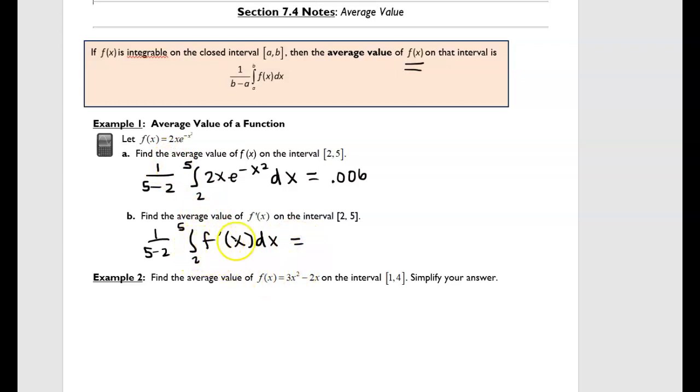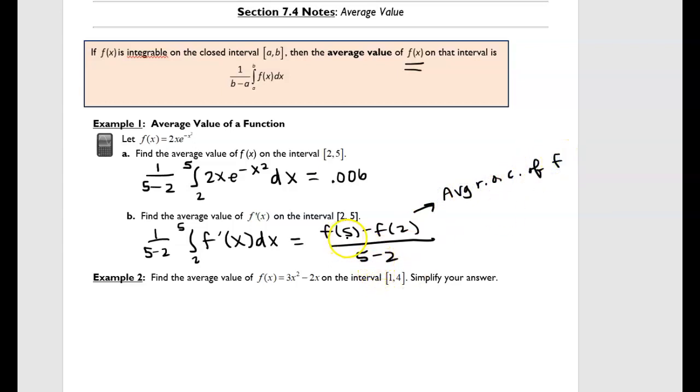If I integrate f prime, that would give me f. And then I evaluate it from 2 to 5. That's f of 5 minus f of 2 over 5 minus 2. So the top part comes from taking the antiderivative of f prime from 2 to 5, and then I still divide by 5 minus 2. Notice this is the average rate of change of f.